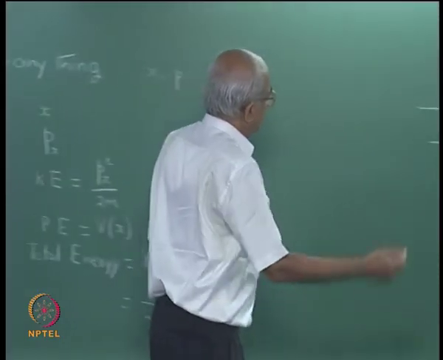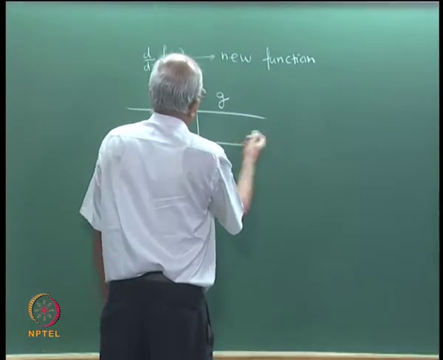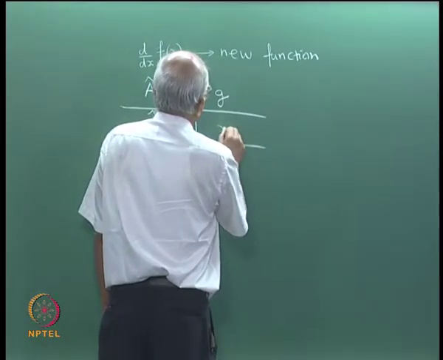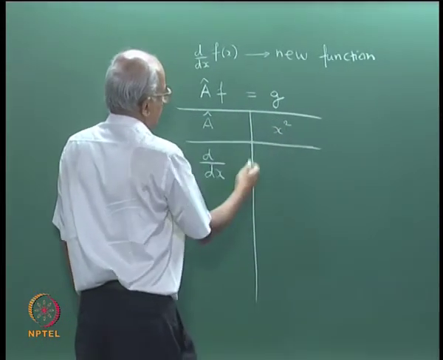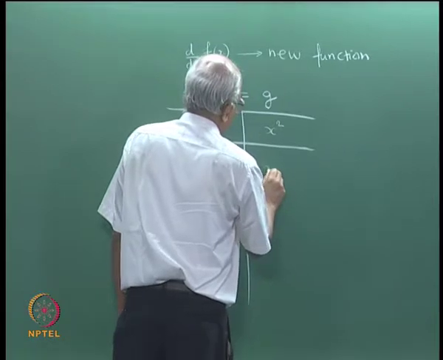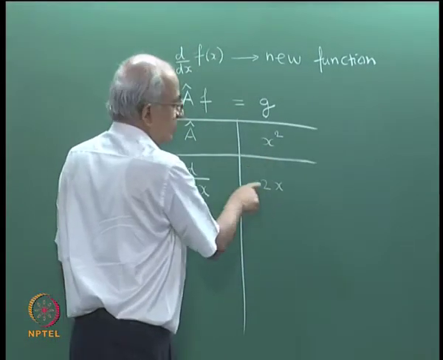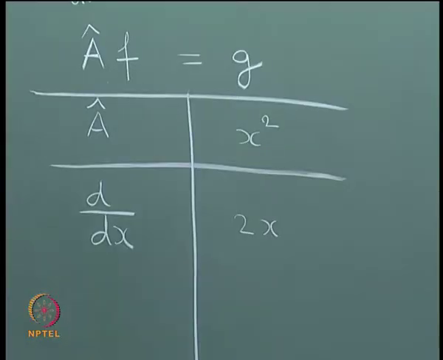Just for the sake of illustration, let me allow this to operate upon different functions. For example, suppose I have a function like x square, then d by dx operating upon x square, what is the answer? The answer is going to be 2x. So, from x square I have obtained a new function which is 2x.